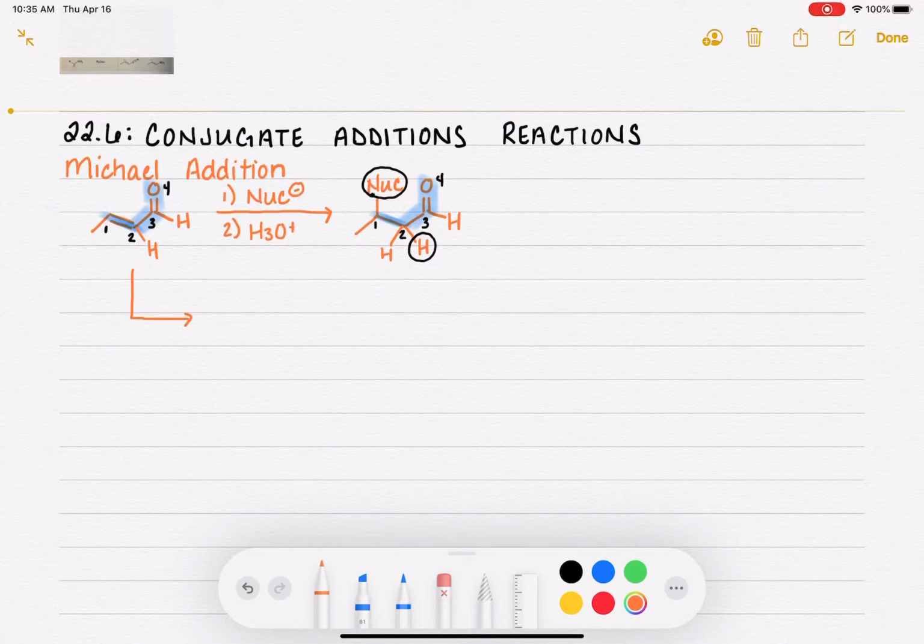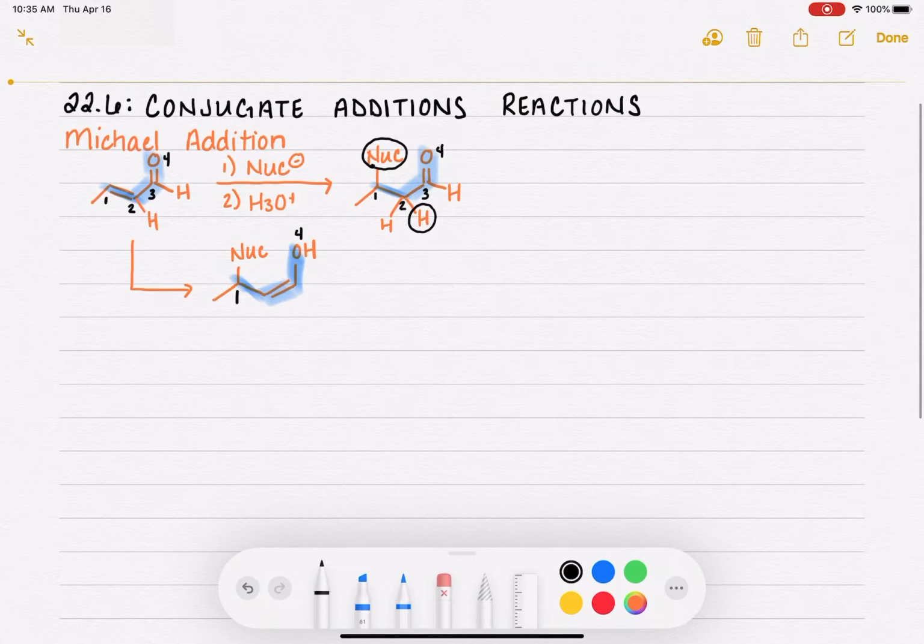If you're looking at this reaction in your textbook, you will see that it actually passes through an intermediate, which is going to look a lot like 1,2, 1,4 addition that we learned with dienes. So initially, this is a 1,4. Technically, we're adding the nucleophile to carbon number 1 and the hydrogen to oxygen, which is number 4.